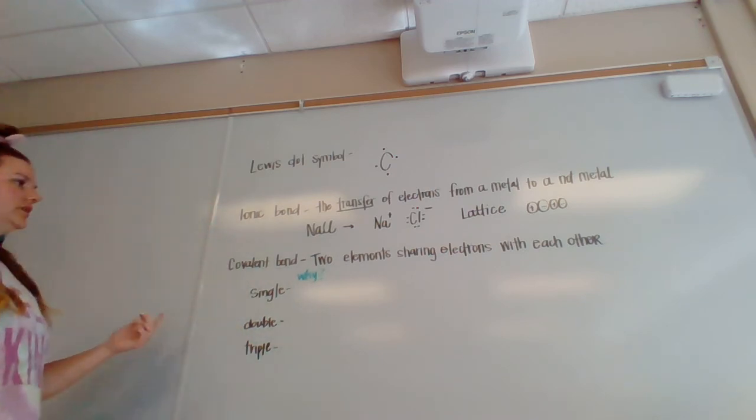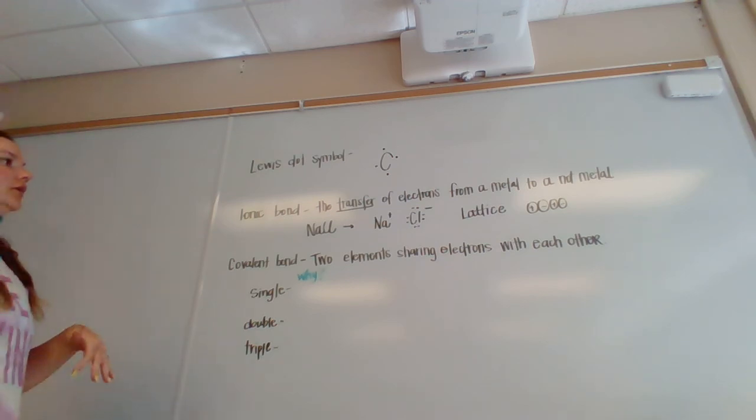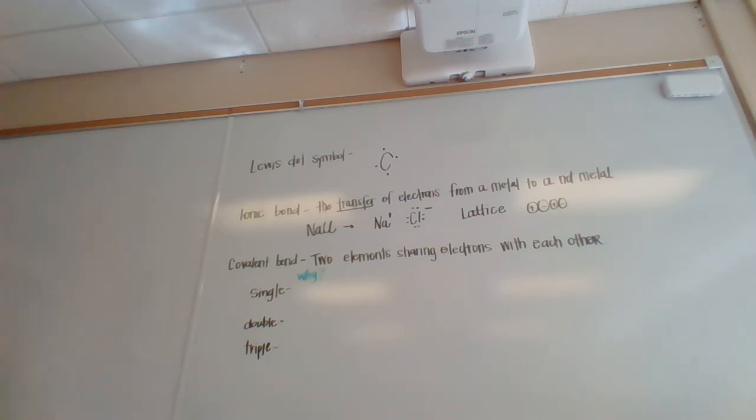Why would anyone want to share their electrons with each other? Well, if they can share their electrons, they can all be in a stable state. If they all have a completely filled valence electron shell, then they would be happy.